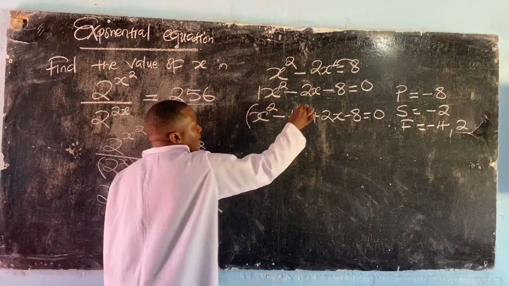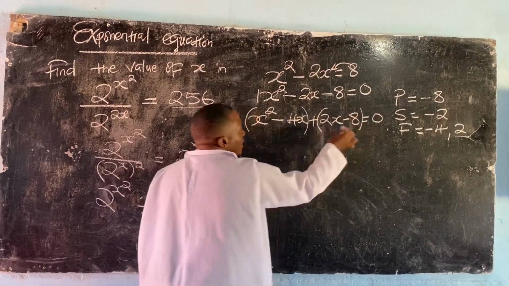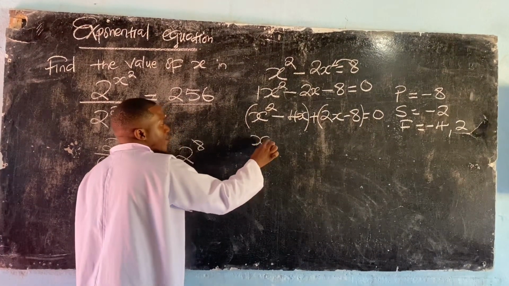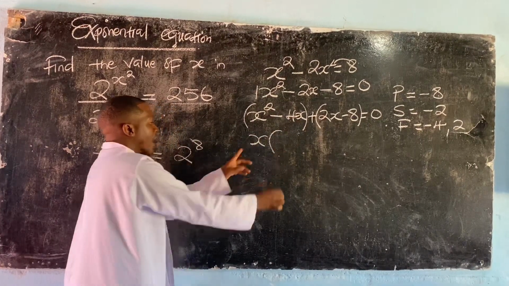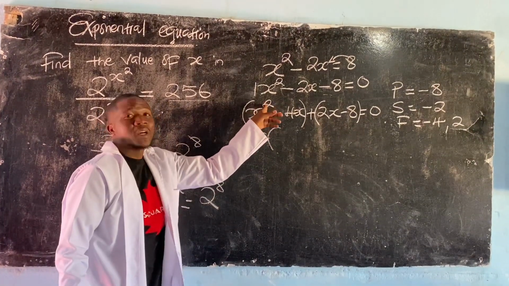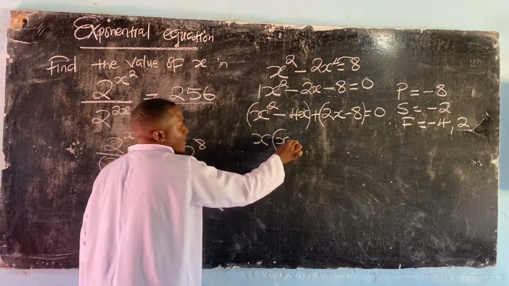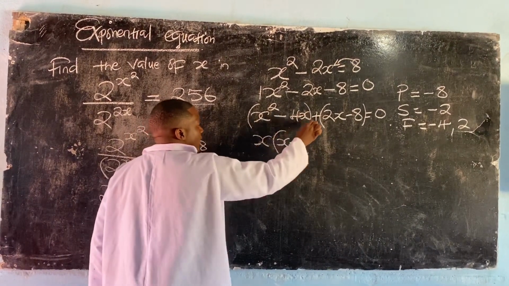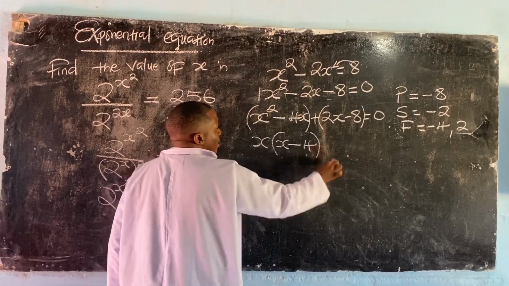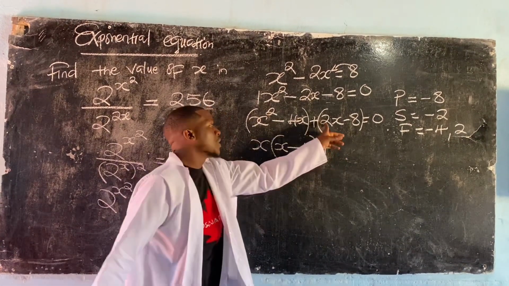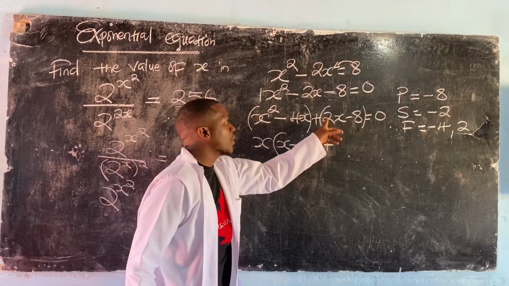Then we can factorize by grouping. x is common, and x into x squared leaves a single x, minus x into x leaves a 4. Then plus, 2x and 8, what is common is a 2.